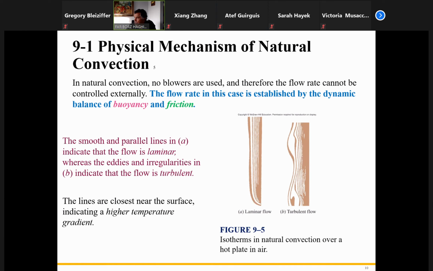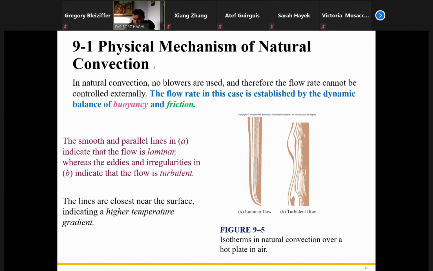Do you have any understanding of what natural convection is and what the mechanism behind it is? Natural convection is the case where there are no external forces, but there is some air movement, and that air movement is because of the temperature difference. There are two forces acting on the system.